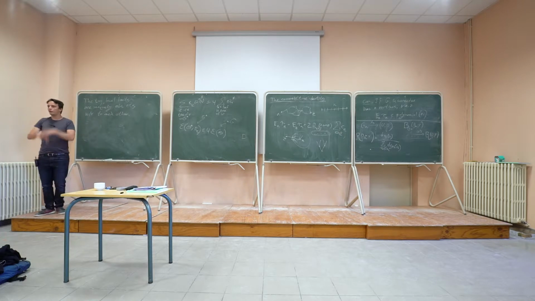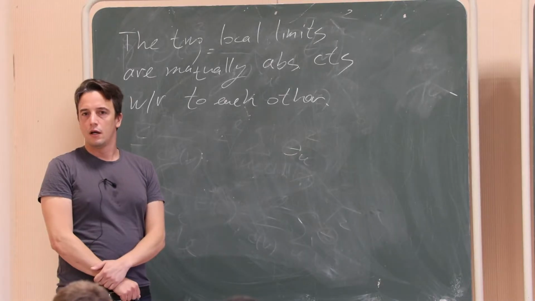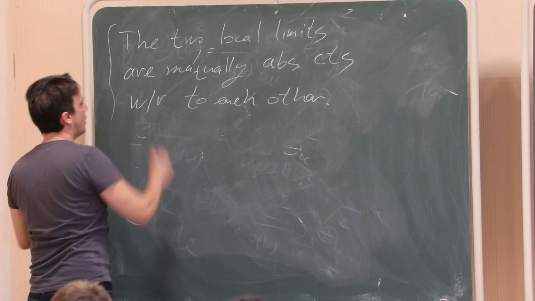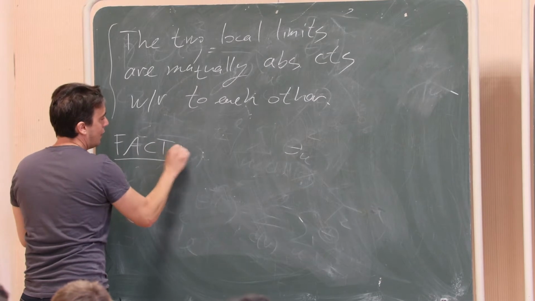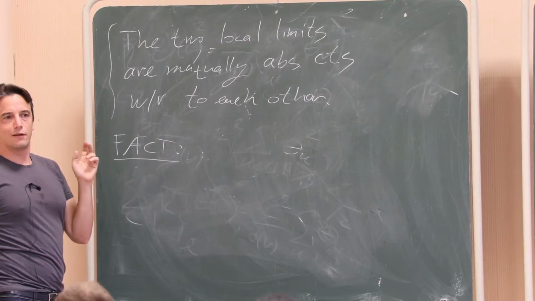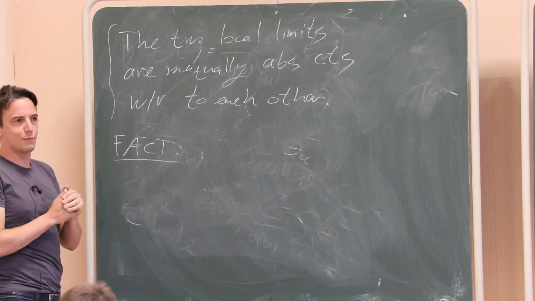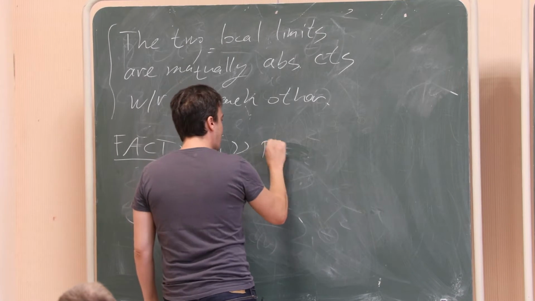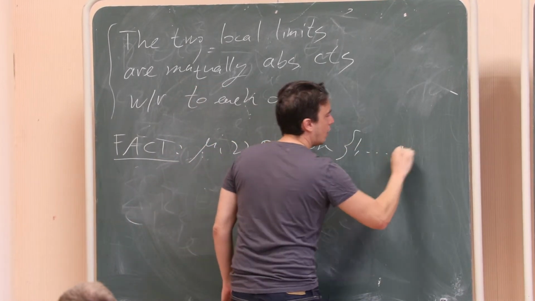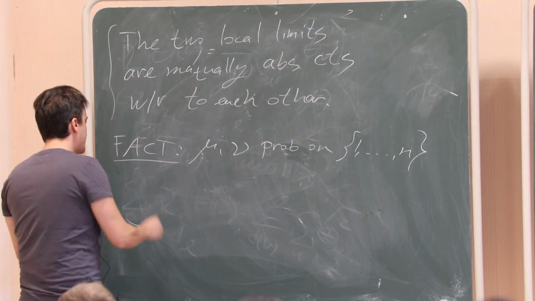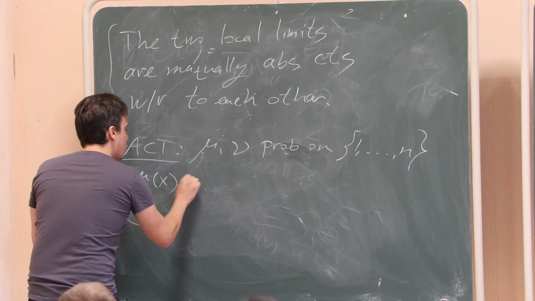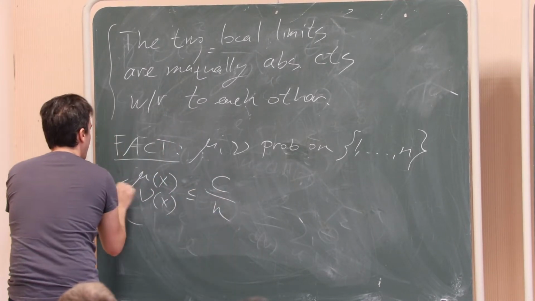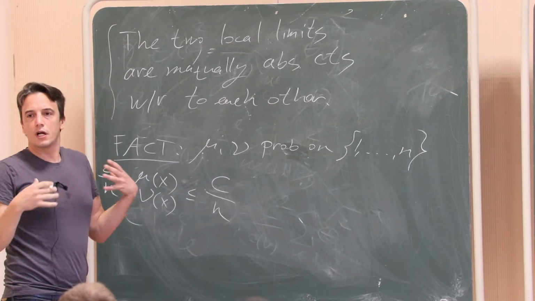The underlying reason why all of these things work is this fact, and you can translate it into why this statement is true. You don't have to prove it; you can think about it and you'll see why it is true. If I have two probability measures, mu and nu, on a finite set 1 to n, and all you know is that both mu of x and nu of x are between some big constant over n and some small constant over n, then there is a coupling between these two measures.